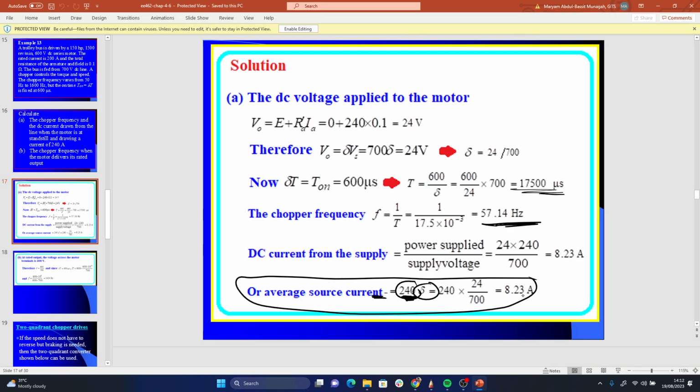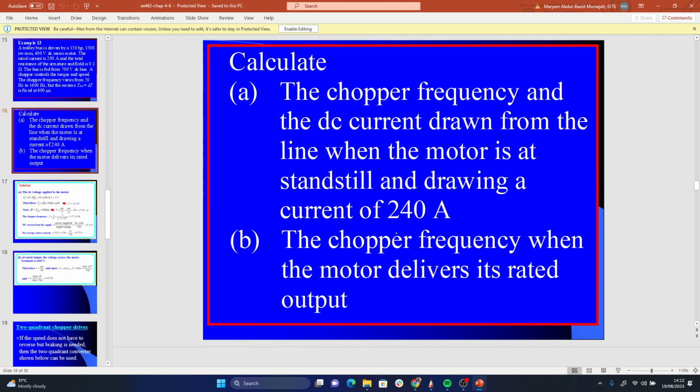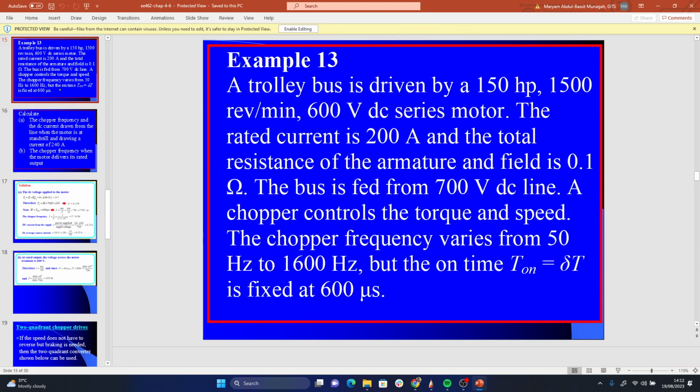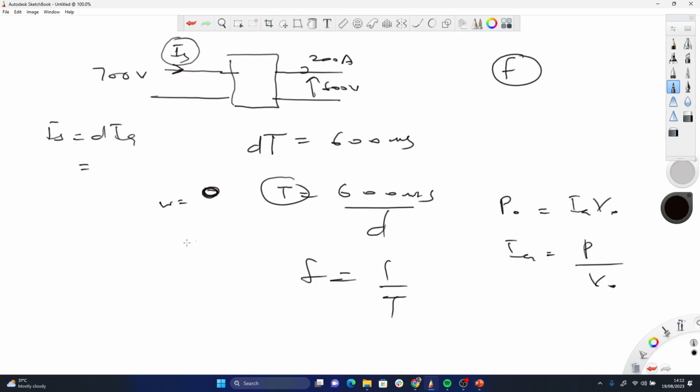So that's it. Then part B says, find the chopper frequency when it delivers its rated output. So the rated output means that what? It means that the V naught is supplying at 600. So V naught is 600. We are working with this condition here.